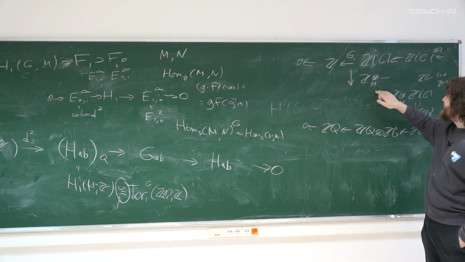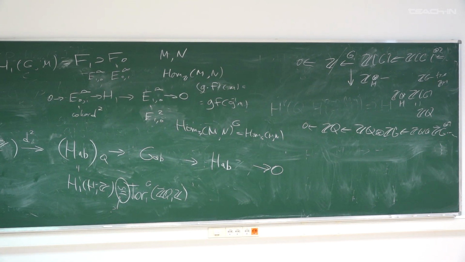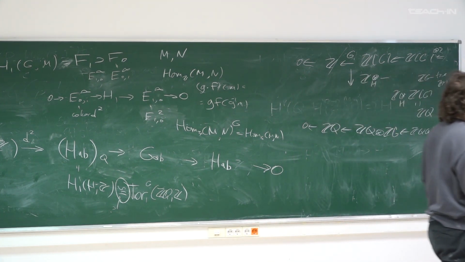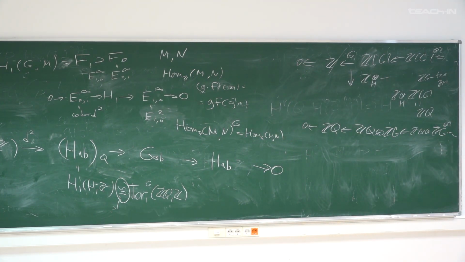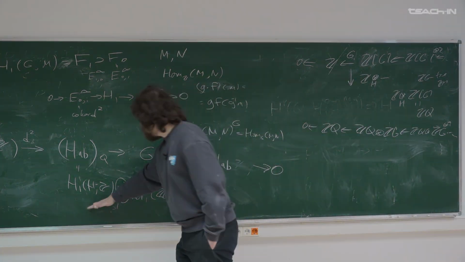And then I just compute these homologies. Do you agree? The only observation is that a free ZG resolution of something is a free ZH resolution of the same thing, considered as H modules. So this chain complex in fact computes this thing.